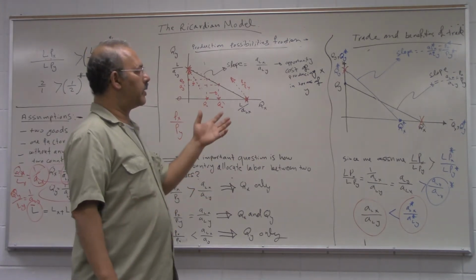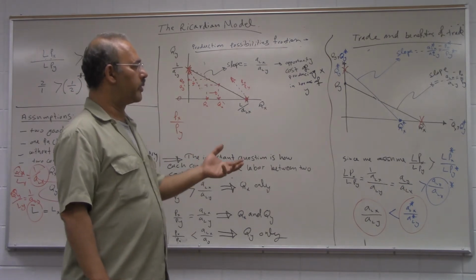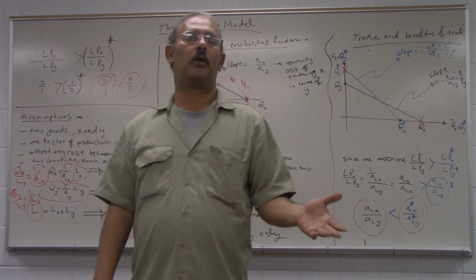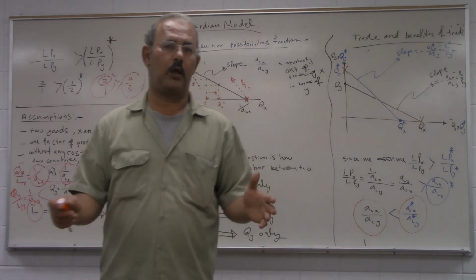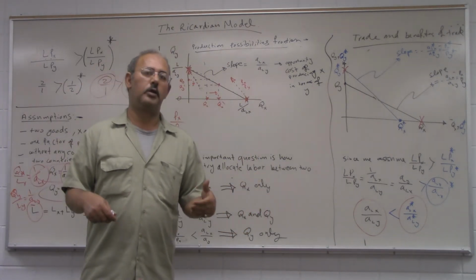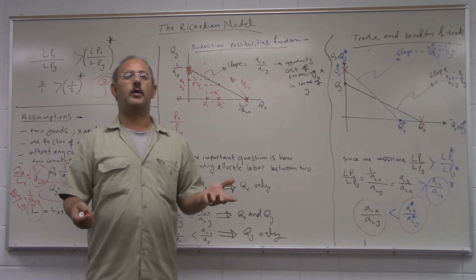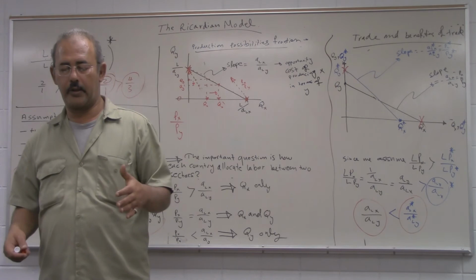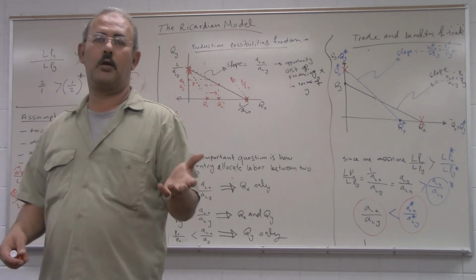Because of the difference in opportunity cost of producing the two goods between two countries of the world, and the difference in relative prices between the two goods in the two countries.